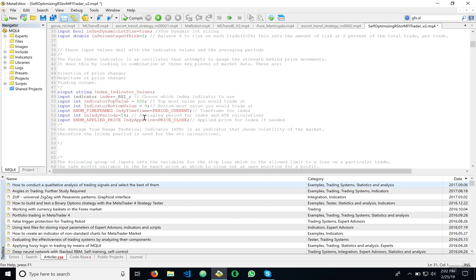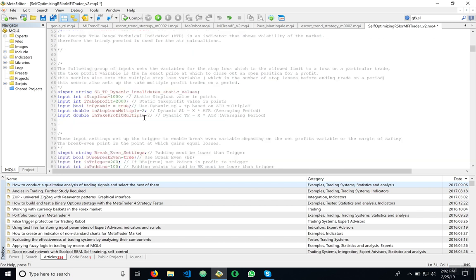And so basically what that's saying is, depending on the period you're optimizing or trading on, it uses the end frame and the beginning frame to calculate the average applied price. Let's go on to the next set of inputs here.